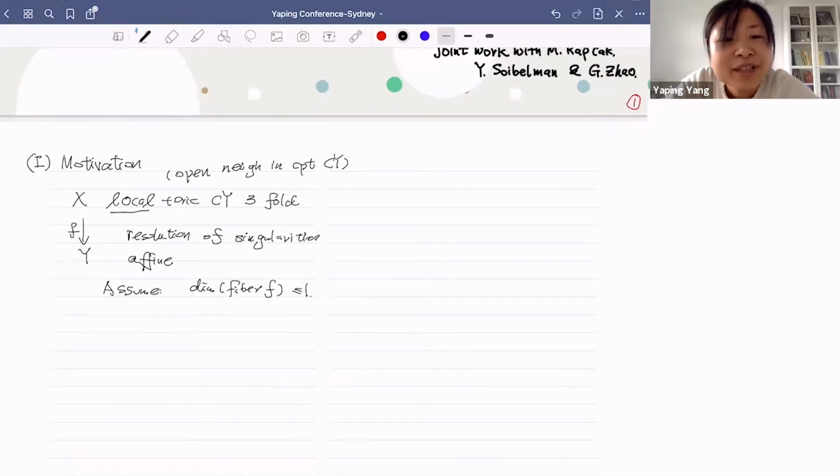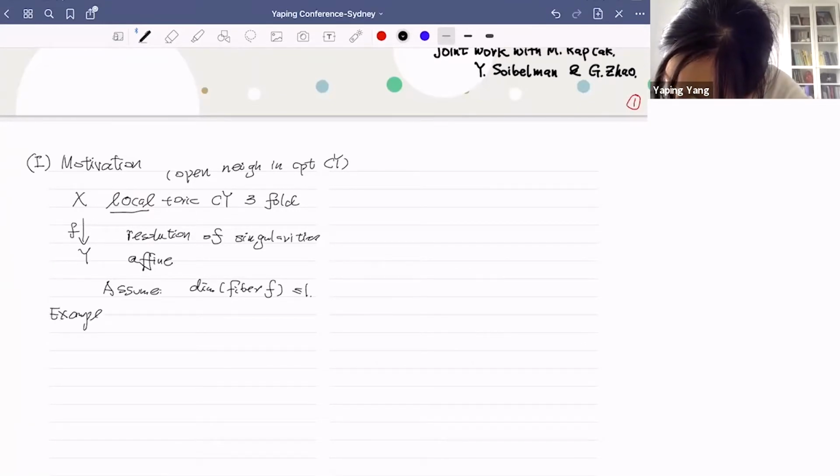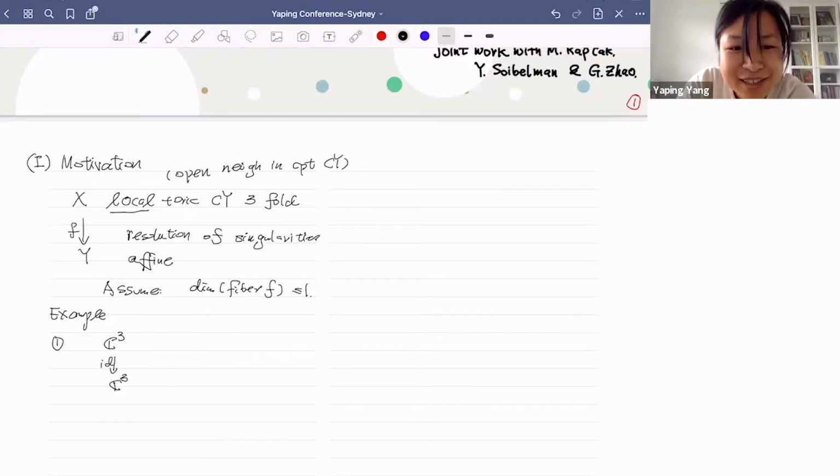So now let me give you a few examples of this setup. One can take X to be C cubed. This is smooth, and I'm taking Y to be C cubed as well, so the function F is just the identity.